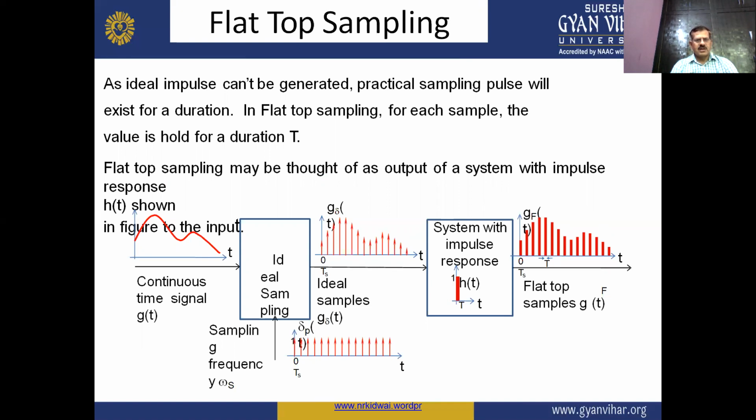The input is the continuous time signal g(t), applied to the ideal sampling network. After sampling, this signal is converted into a digital signal, which is fed to the system with impulse response, and the output of this system is the flat top sampled signal. So this is the block diagram for flat top sampling.